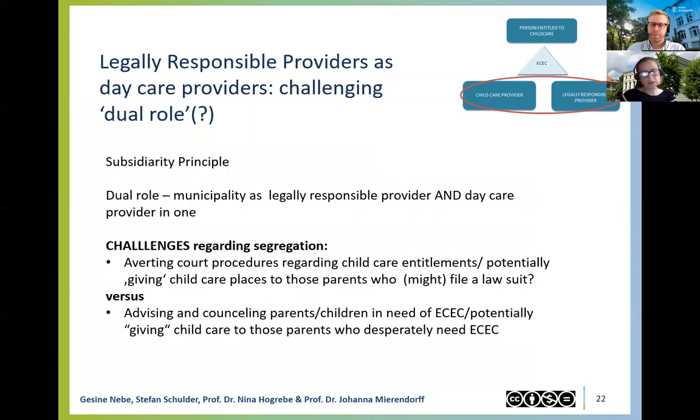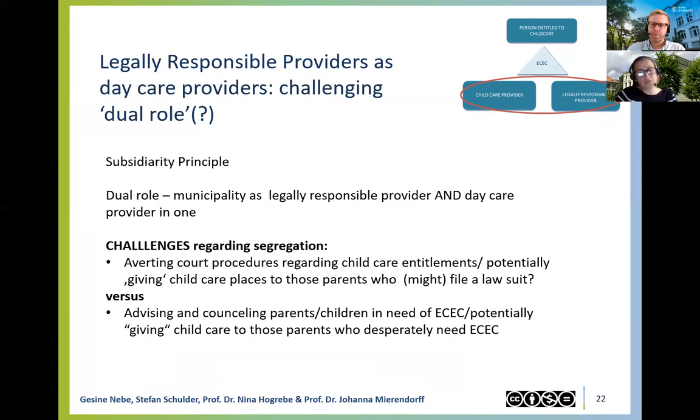Mostly, the demand cannot entirely be met by private bodies, so it is very common that state authorities, that is municipalities or cities, do step in as daycare providers. Municipalities hence are often in a dual role. In particular, bigger cities did and still do have a problem to meet the demand.